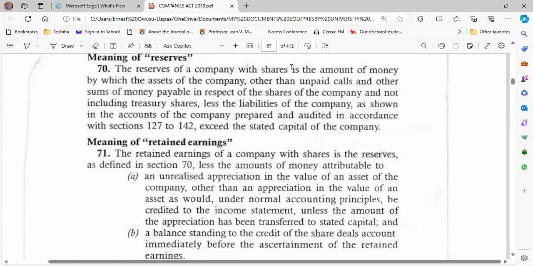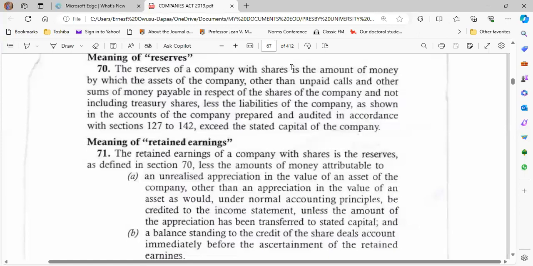But that, in a sense, forms part of the assets of the company. But when we are trying to determine, mathematically or in accounting terms, what the retained earnings are, we need to knock out the unrealized appreciation in the value of the assets. And then we should also take out the balance standing to the credit of the share issue account.